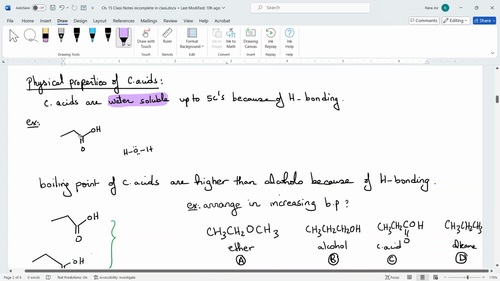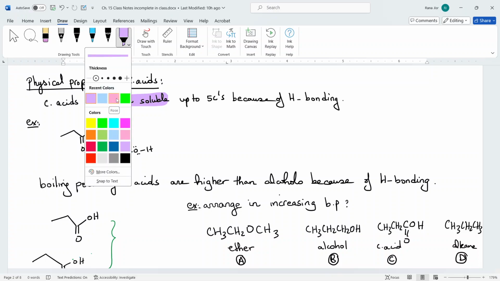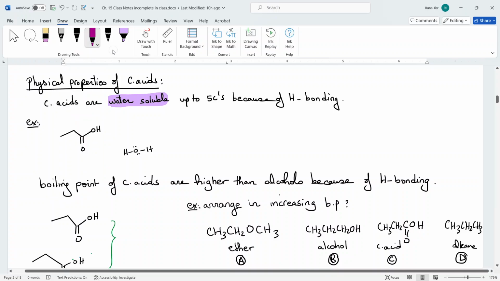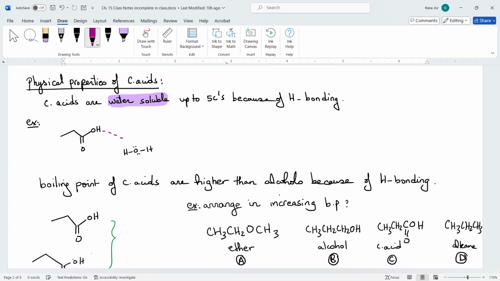So whenever we have an acid, if we are talking about the solubility in water, then we need to check the hydrogen bonding. And see here, you have 2 different types of hydrogen bonding interactions. You have a hydrogen that will interact with the oxygen of the water.